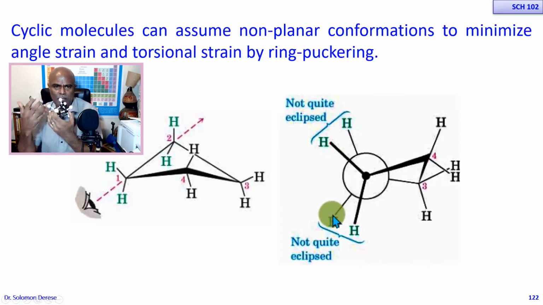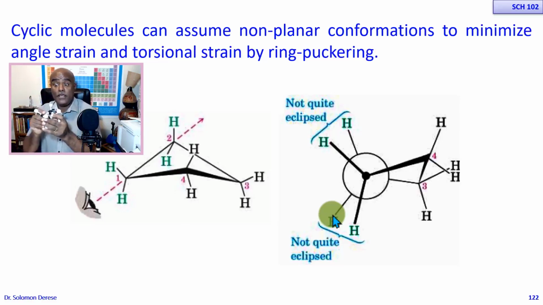This torsional strain relief has made the puckered non-planar cyclobutane more stable than the planar. So cyclobutane is a non-planar molecule in which one of the carbons is out of plane by about 25 degrees.